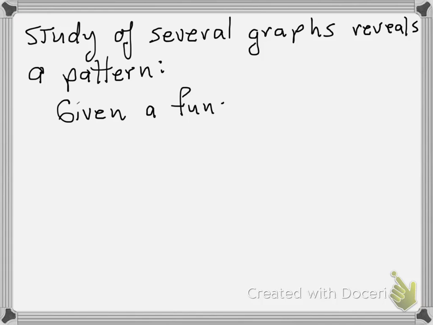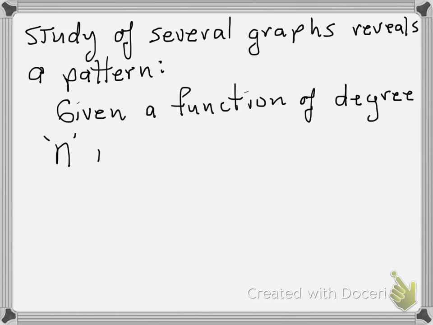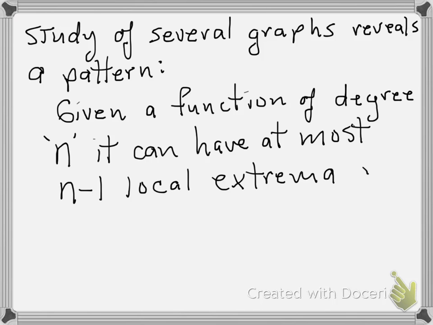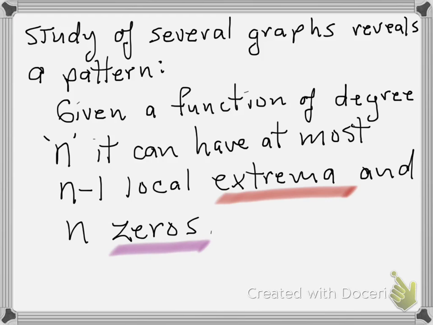So given some function of degree n, it has at most n minus 1 local extrema. So if it's, for example, x cubed, it can have at most 2 local extrema. If it's x to the 5th, it can have 4 local extrema, and so on.